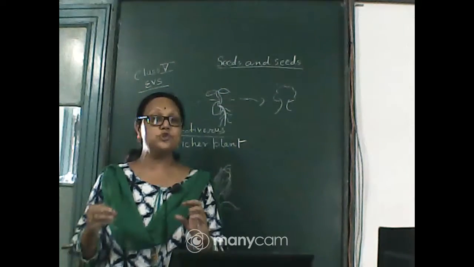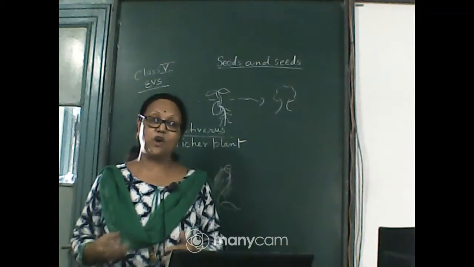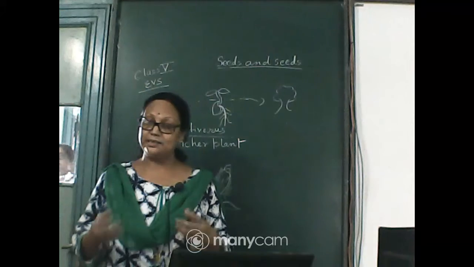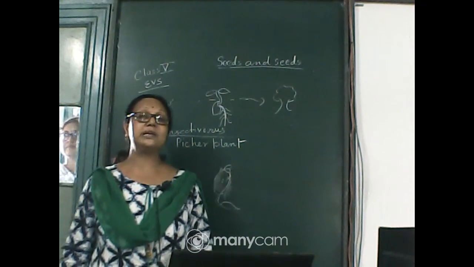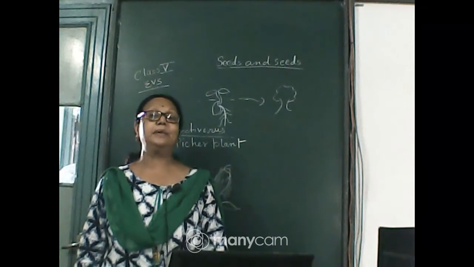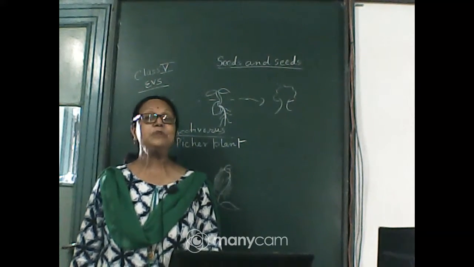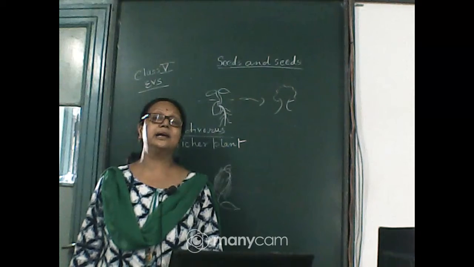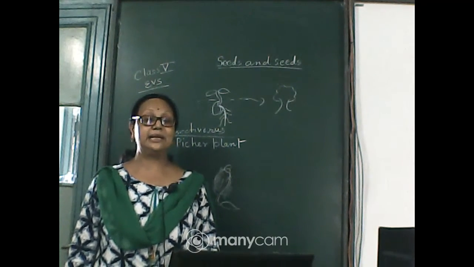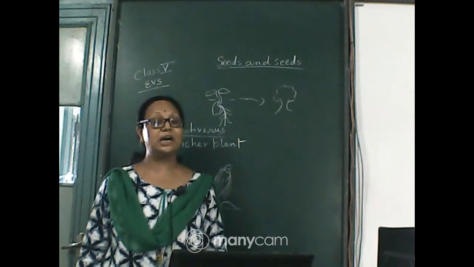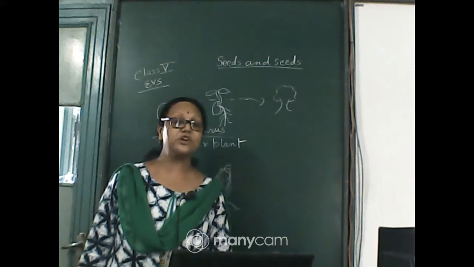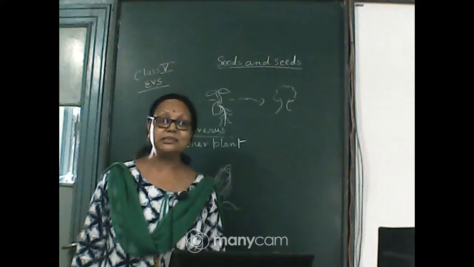The digestive juices which come out from the wall of the pitcher digest these insects, and the lacking minerals or nutrients are replenished from them. By this way they take their nutrients or minerals from these insects, and that is the reason these kinds of carnivorous or insectivorous plants are made.